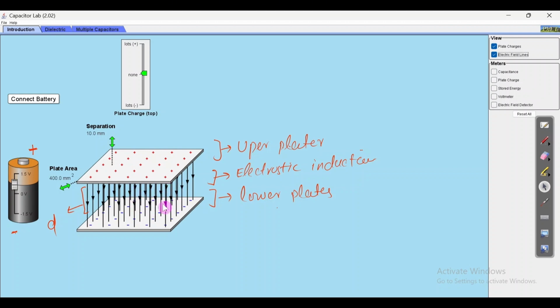So due to the interaction between these positive and negative charges, these charges are still present on the plates even if I disconnect the battery.